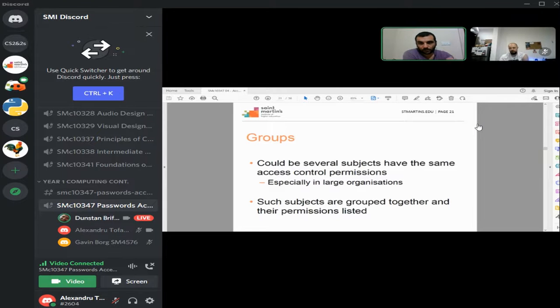So in any organization, this idea of a group is there to be more efficient, from the IT administration point of view also, right? Because as we said, it's very inconvenient to keep assigning rights. Imagine you've got to assign not one or two rights, but quite a list of rights to quite a number of people. This becomes very laborious, right? So whenever possible, we always use the idea of groups.